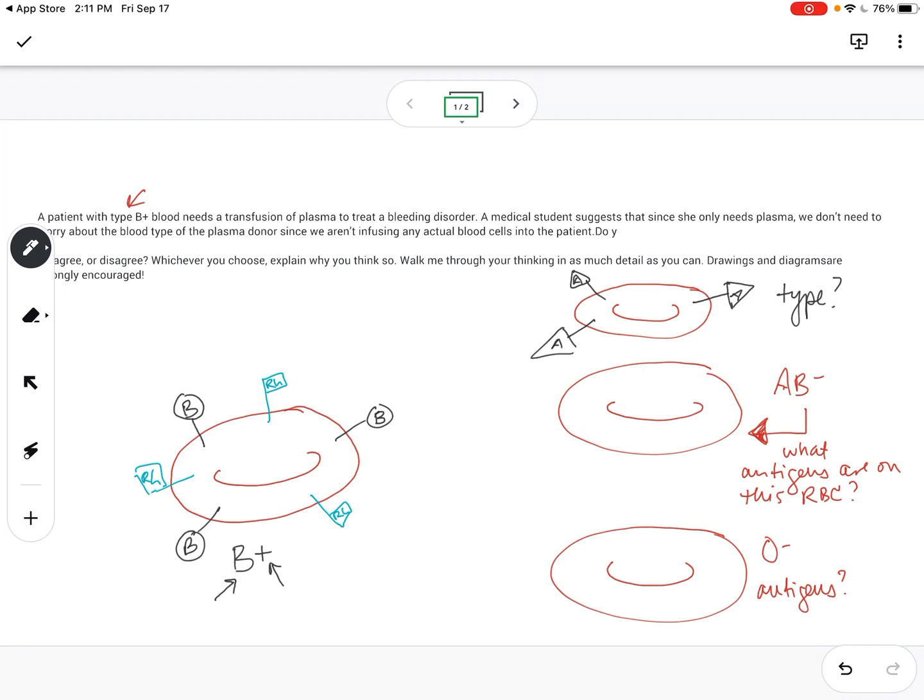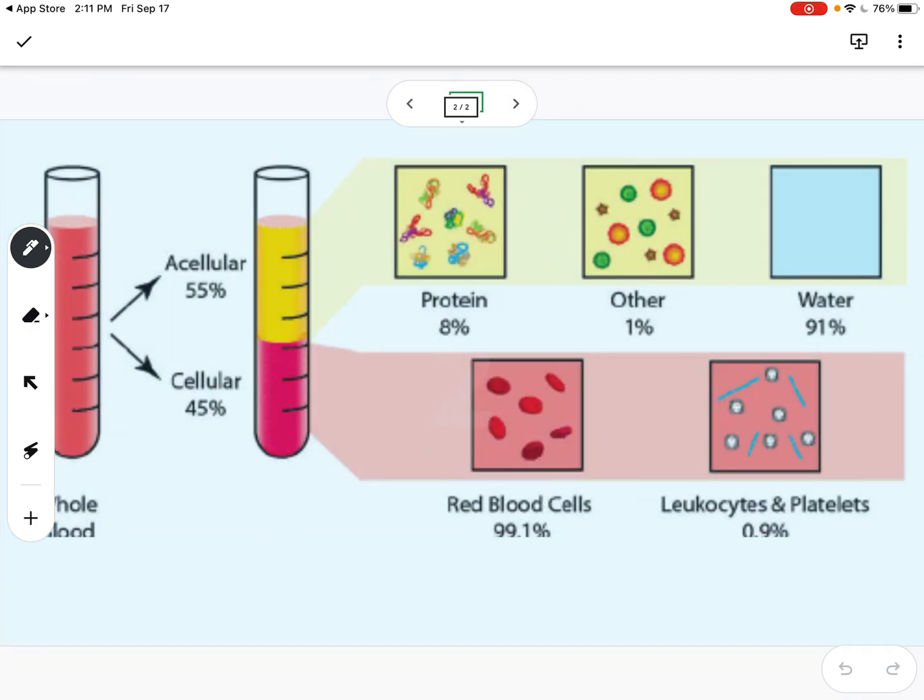A lot of you in your quizzes were trying to figure out whether this medical student is onto something or not, because we've been really focused on the red blood cells themselves when we talk about blood types. But now we're going to get into the plasma part of things. We've spent a little time looking at these blood samples that we spin down so we can separate the components.